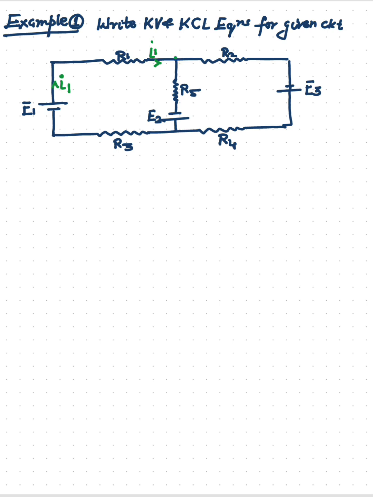Also give names: suppose this is A, B, C, D, E, and F. So this I1 is dividing in two parts, suppose I2 and I3.